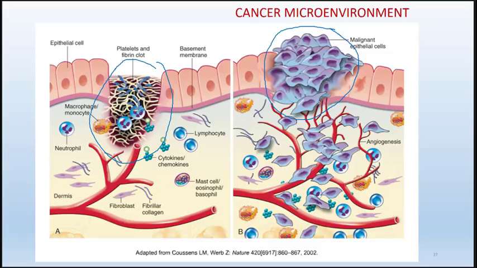So look at how invasive it is to the area, how much the basement membrane is starting to dissolve, and we're getting further invasion. You can see the presence of the cancer actually infiltrating the area, so metastasis.